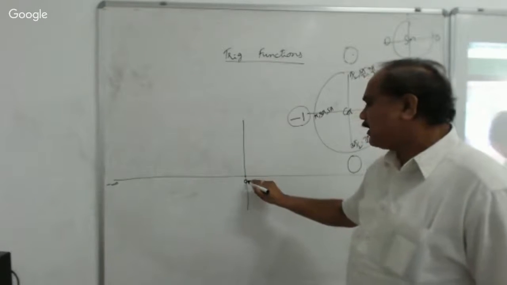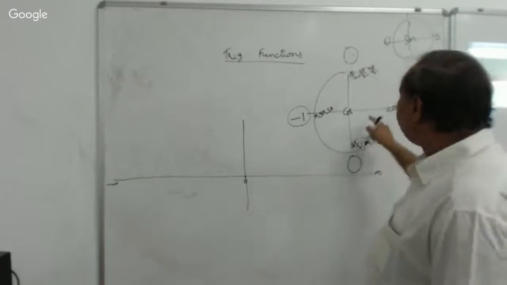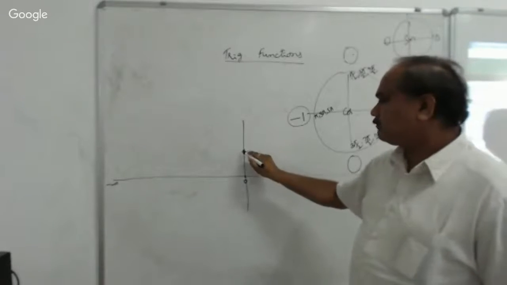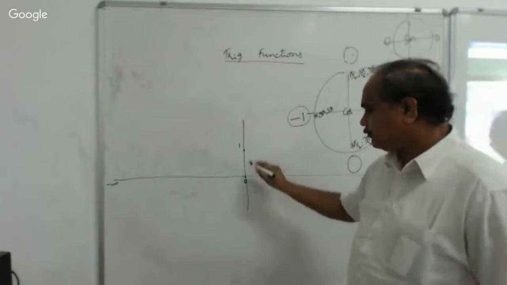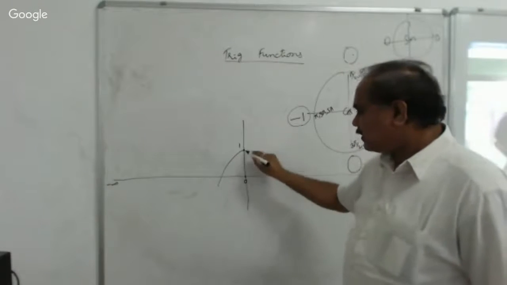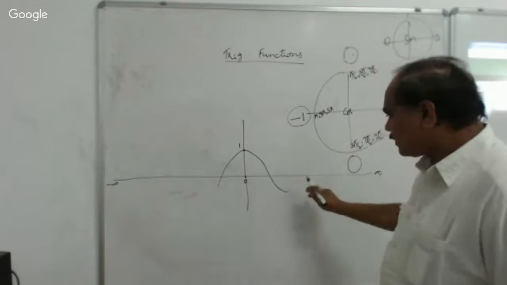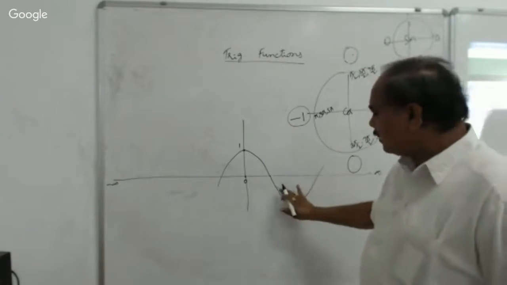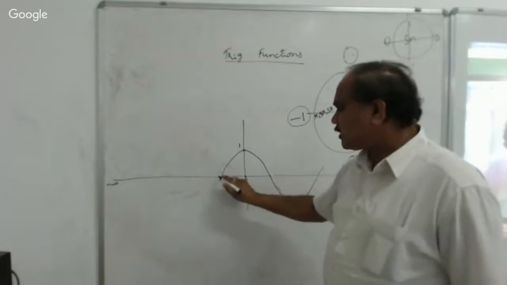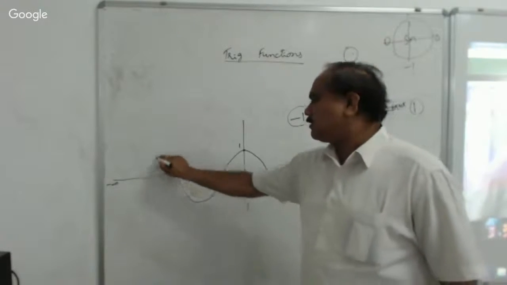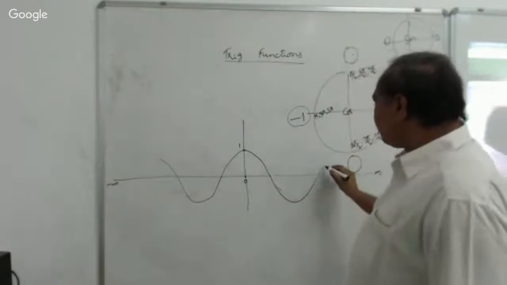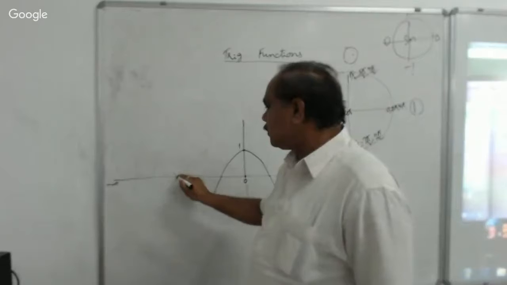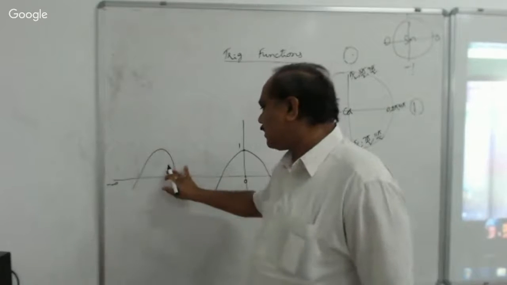Why? Because sin 0 is 0, whereas cos 0 is 1. Cos also has a similar shape, but sin x passes through the origin and cos x does not. Try to remember.